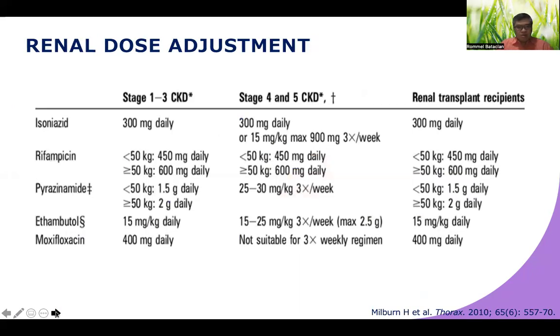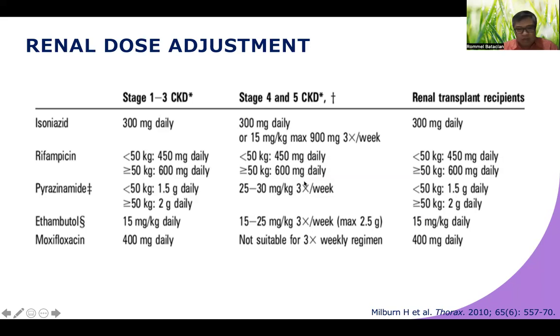So these are some of the examples now. Here are some of the anti-TB medications. As you can see here, for stage 1 to 3, there are some drugs that you have to adjust depending also on the weight of the individual.